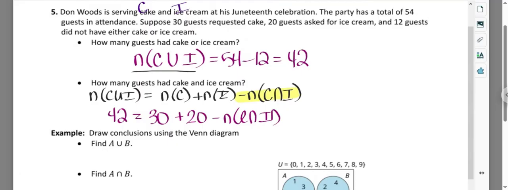So 42 people had something to eat. So out of that 42, how many had both? That overlapping is really sweet.